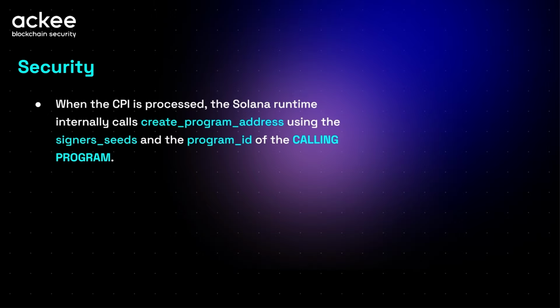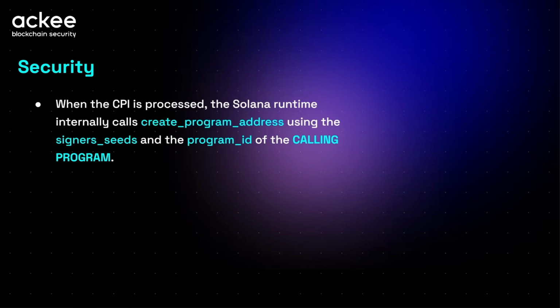This means the security consideration is that this invoke signed with the privileges of this PDA can be called only from your program, because the program ID is automatically included by the runtime. On the other hand, if everything was the same but from a different program, then the program ID would be different.